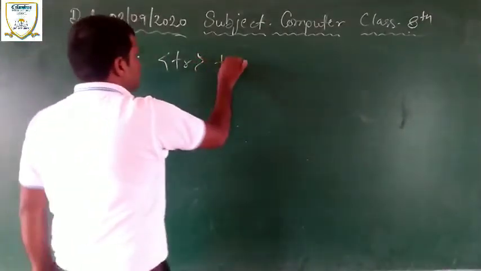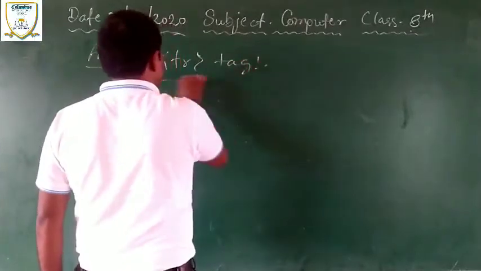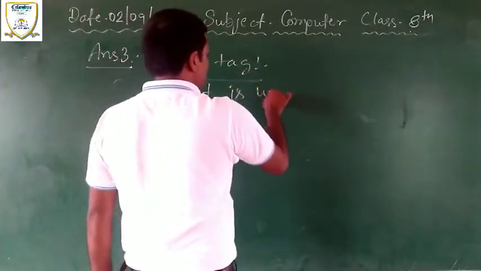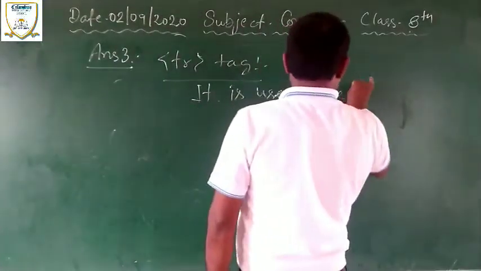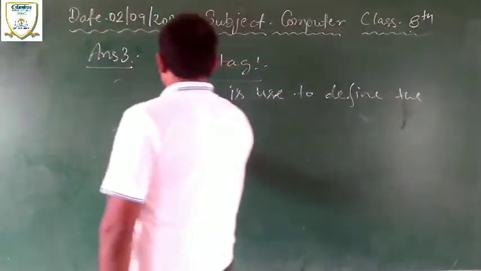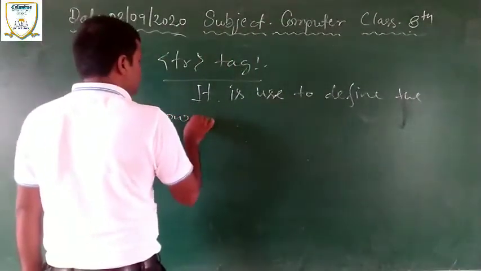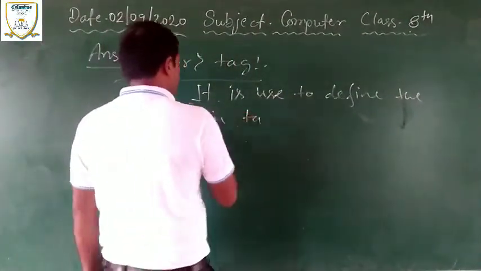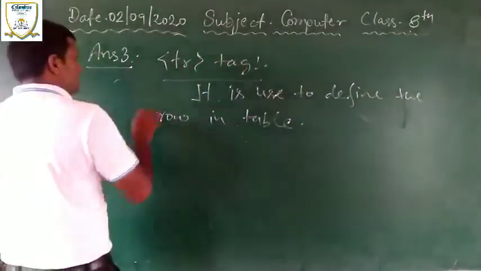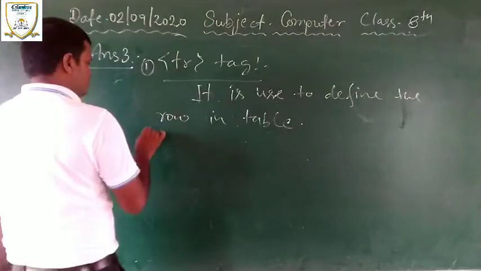Third, TR tag. It is used to define the row in a table.